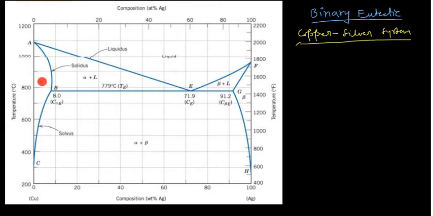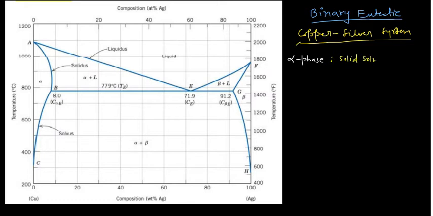What is the meaning of alpha? Alpha is a phase, phase 1. So I can write alpha phase. What does this alpha phase generally represent? The alpha phase is basically a solid solution.